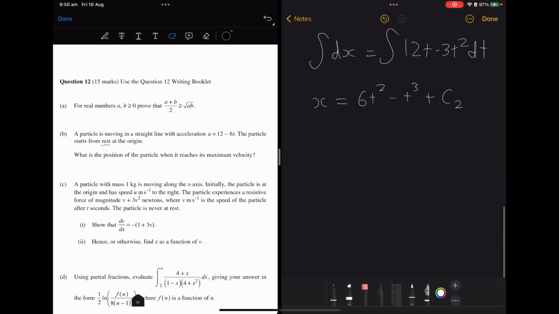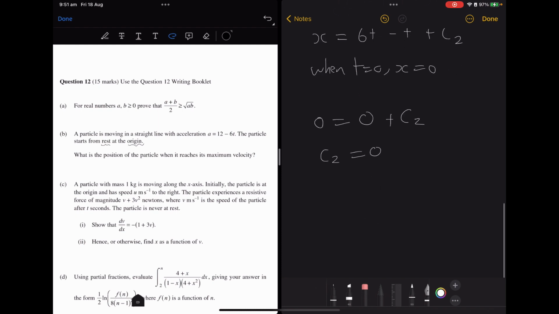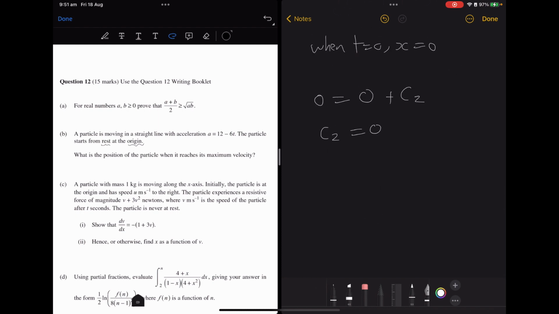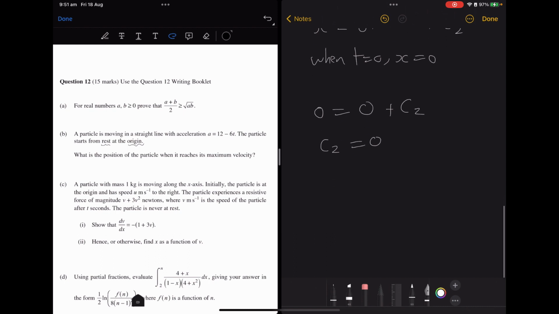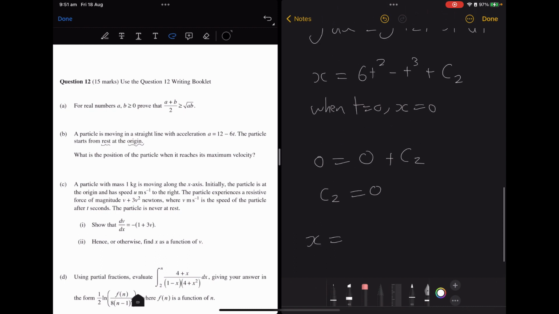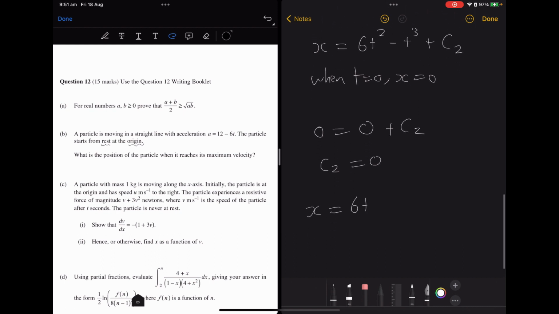Similarly to before, when we start at the origin, that means when t equals 0, x equals 0, so c2 is also equal to 0. Therefore, we have x equals 6t squared minus t cubed.